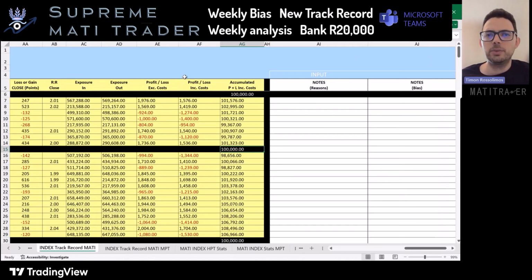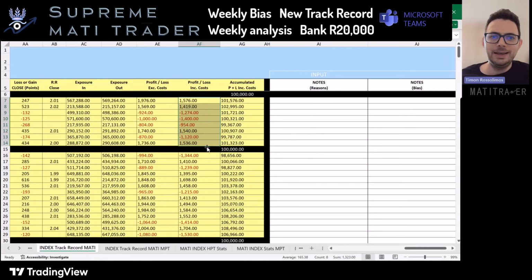The only costs that we have to deal with in this case are those 50 points that we get in and 50 points that we get out. So if we grab this, you can see that that month made 3,423 points, or 3.4% of your portfolio if you started with 100,000 Rand.